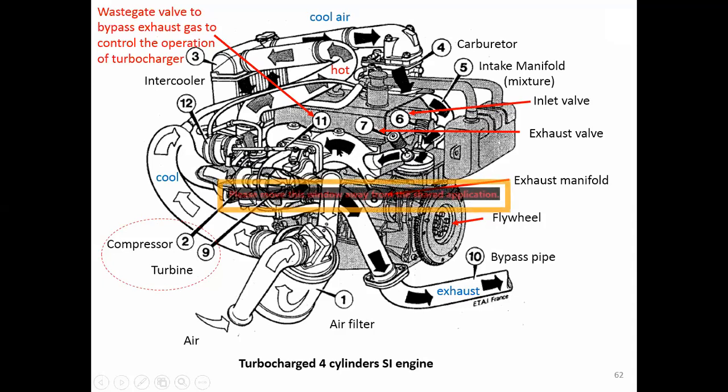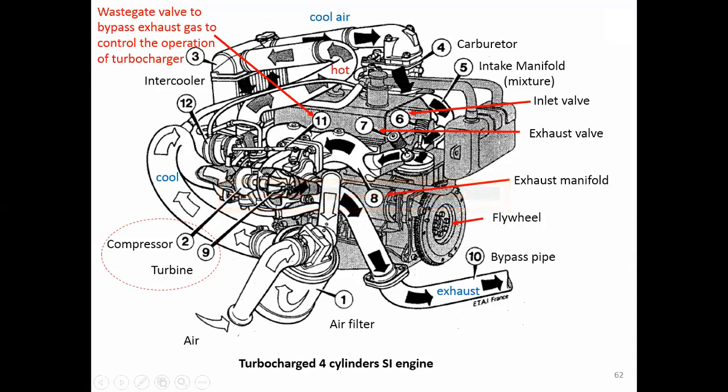It flows out via the wastegate. The wastegate determines how much of the exhaust should go to drive the compressor and how much will be bypassed to the exhaust pipe. So this is the function of the wastegate.